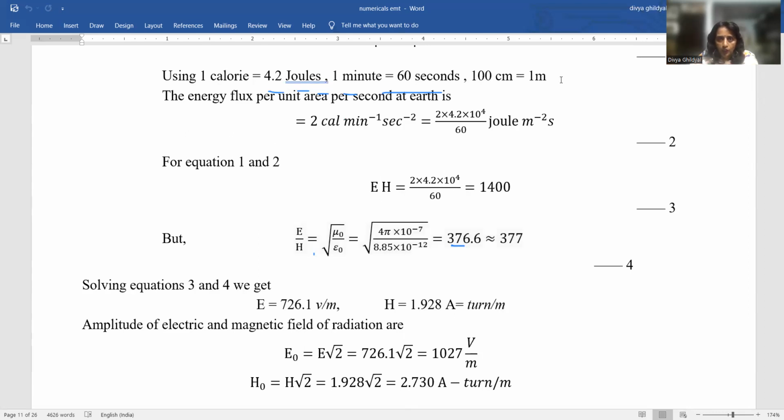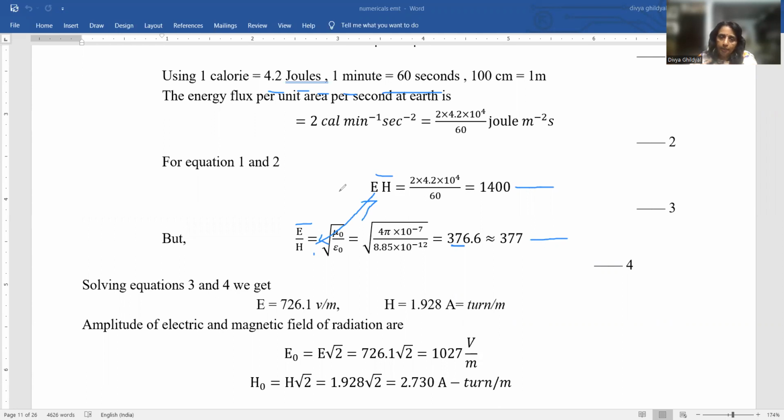Now, look here, you are having two expressions, EH equal to 1400 and E upon H is equal to 377. Two equations, two unknowns, E and H. Either you divide to get the value individually. If you are going to divide, H and H will get cancelled, E square you get the value.